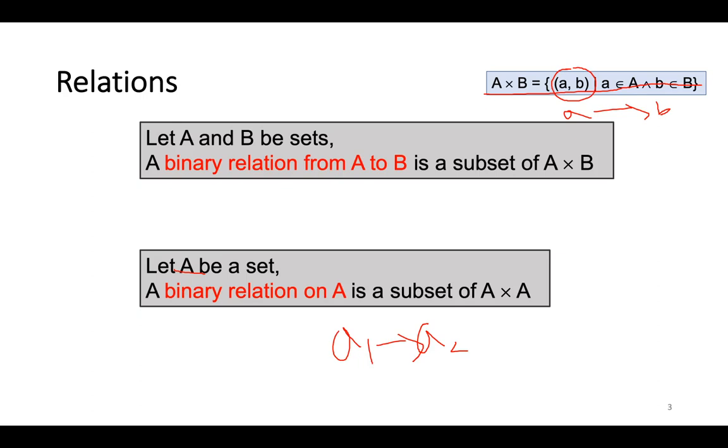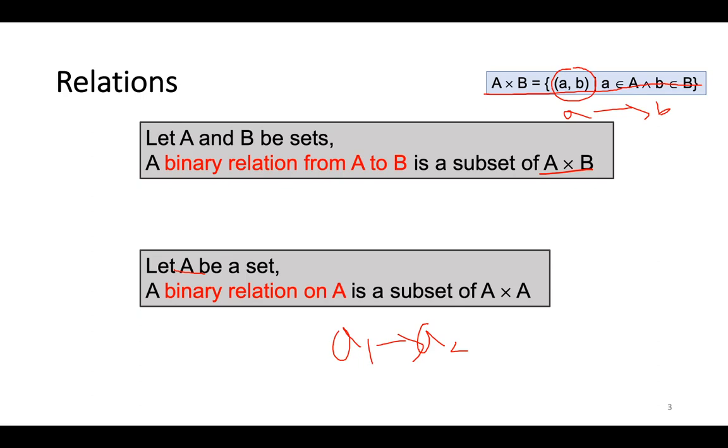This is a binary relation from A to B, and we can make a pair of each element to generate the relation. In this case, we can use the Cartesian product here. So there will be a pair A and B. So this is a relation.